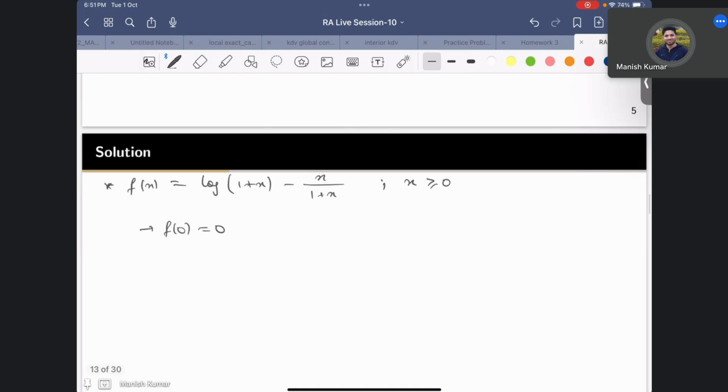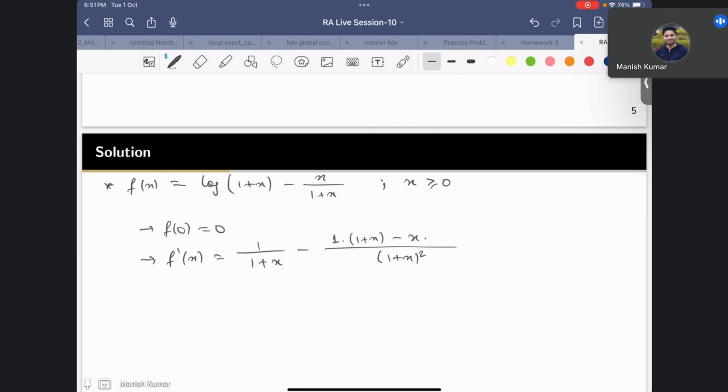Now you can check that if I take the derivative of this function, what I get is 1 upon 1 plus x minus, so I can write this is 1 plus x square, and this is 1 plus x minus x, right?